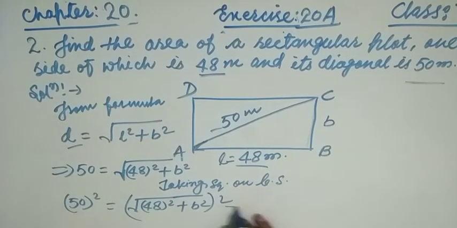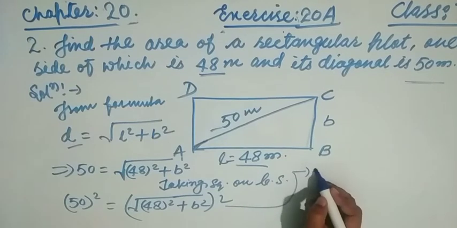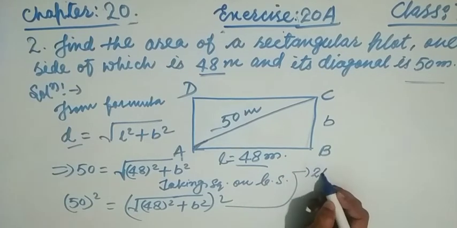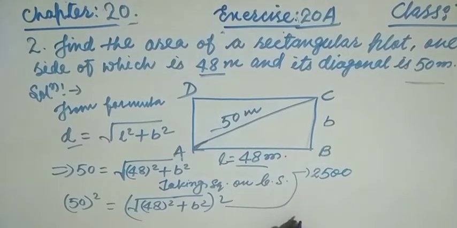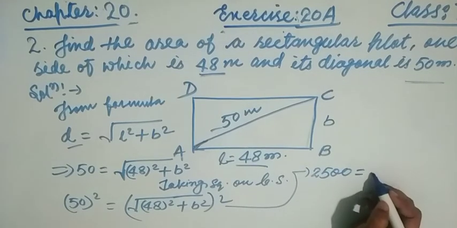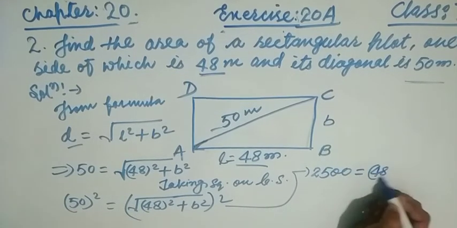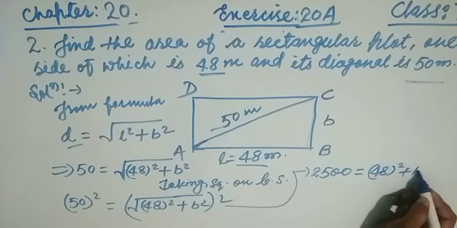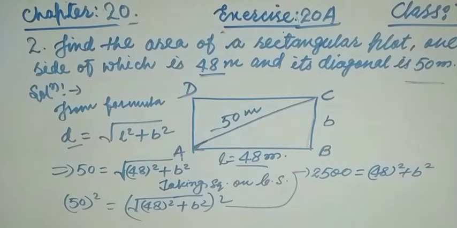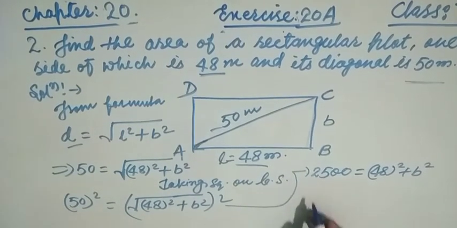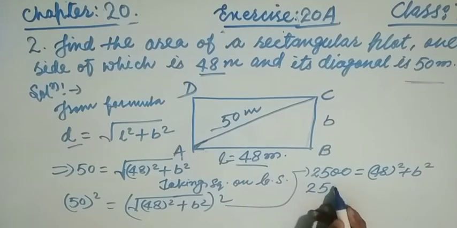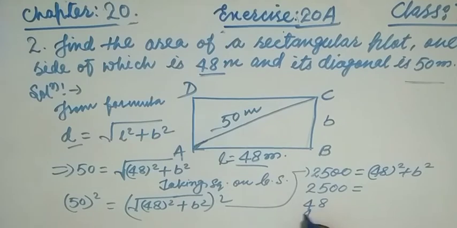Now see, friends, here 50 square means 50 into 50, that means 2500, and we remove the square root. Now this is 2500 is equal to 48 multiplied by 48 plus B square. Now multiply, friends.